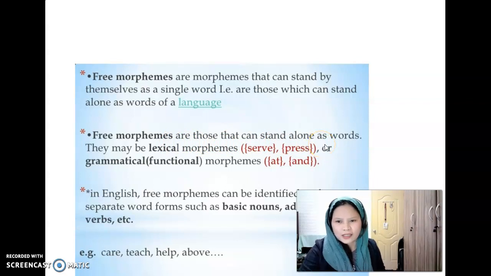They may be lexical morphemes or grammatical or functional morphemes. Later on we will discuss lexical and also functional morphemes. Free morphemes can be identified as a set of separate words such as basic nouns, adjectives, or verbs. So these words can stand alone. You don't need to add a suffix or affix because they can convey meaning already.